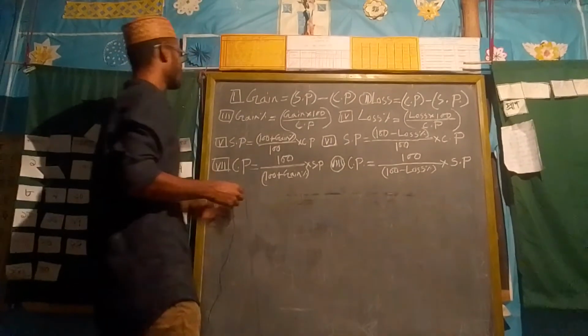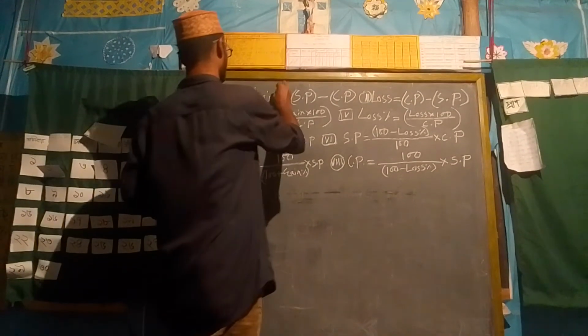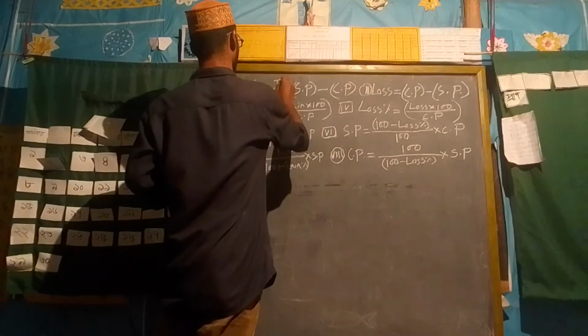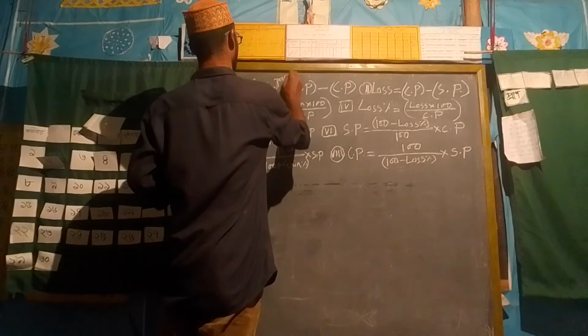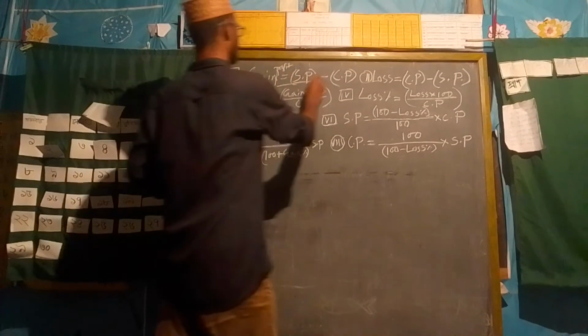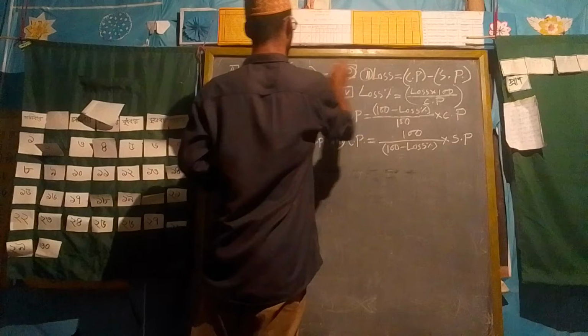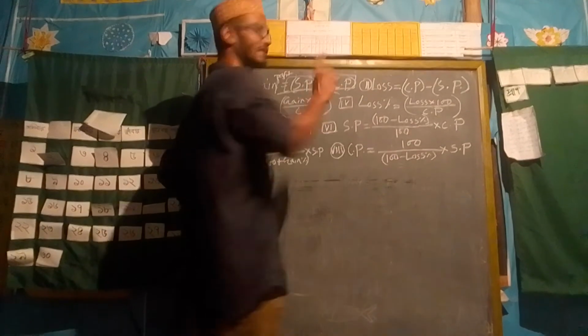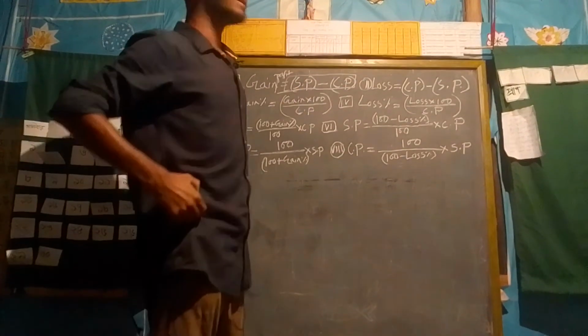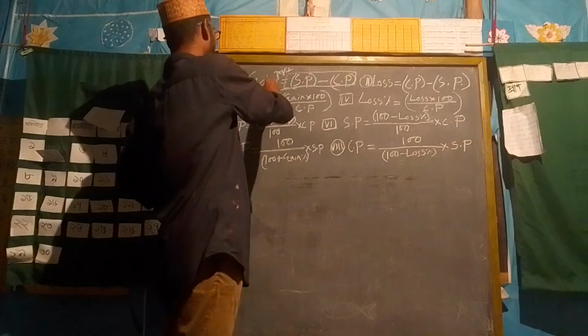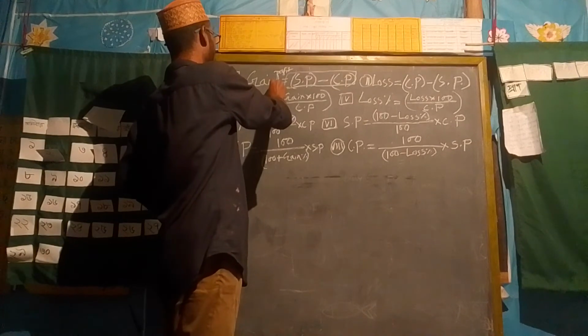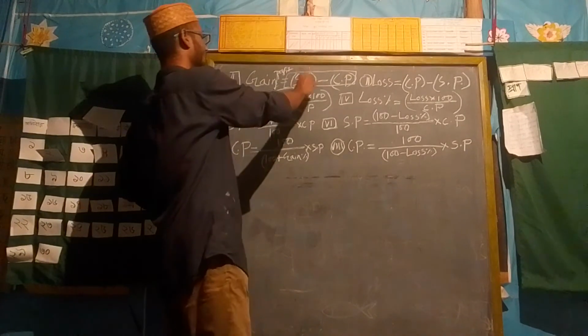When there is gain or profit, our equation is selling price minus cost price. That means the selling price must be greater than the cost price, and thus we can gain or profit.